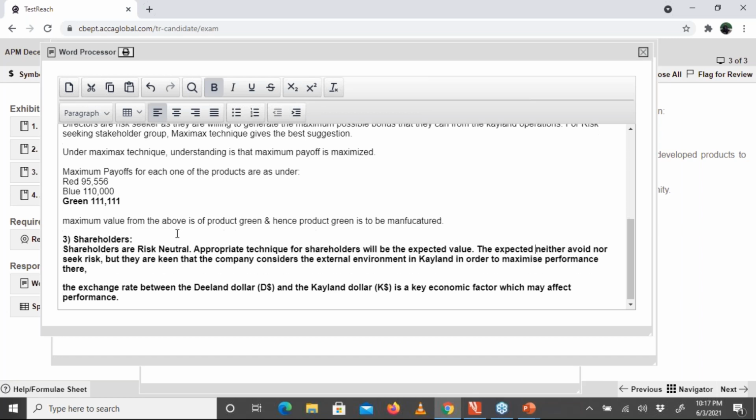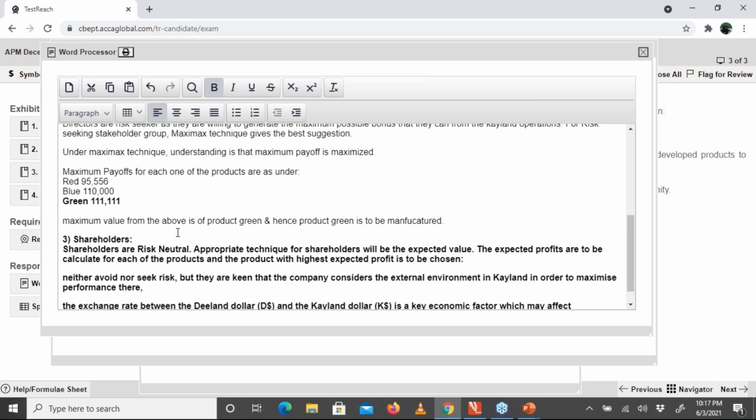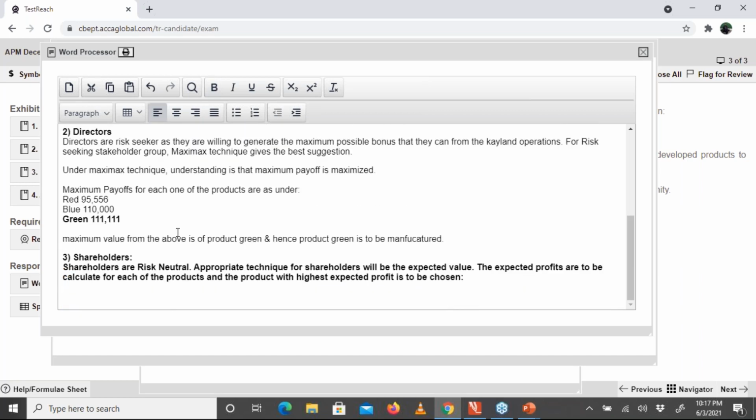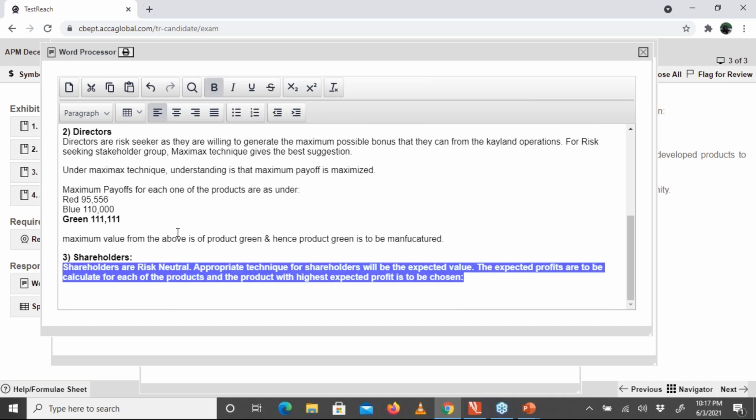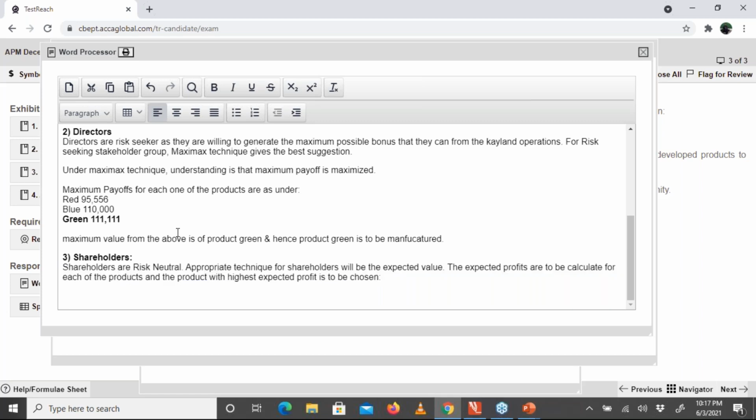The expected profits are to be calculated for each of the products, and the product with the highest expected profit is to be chosen. Now, what exactly do you mean by this?